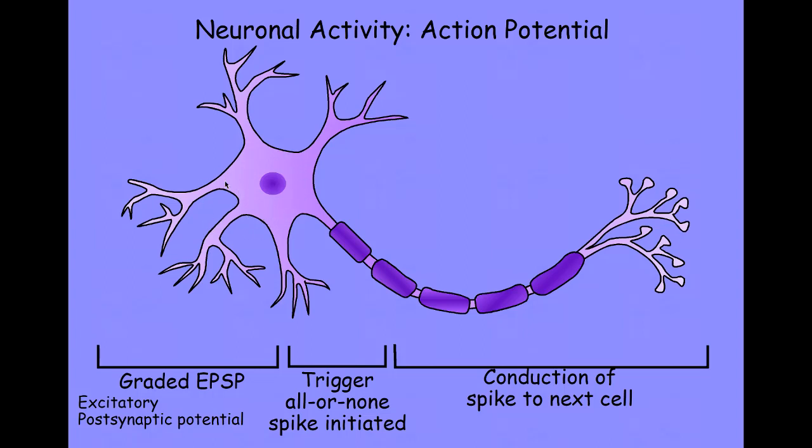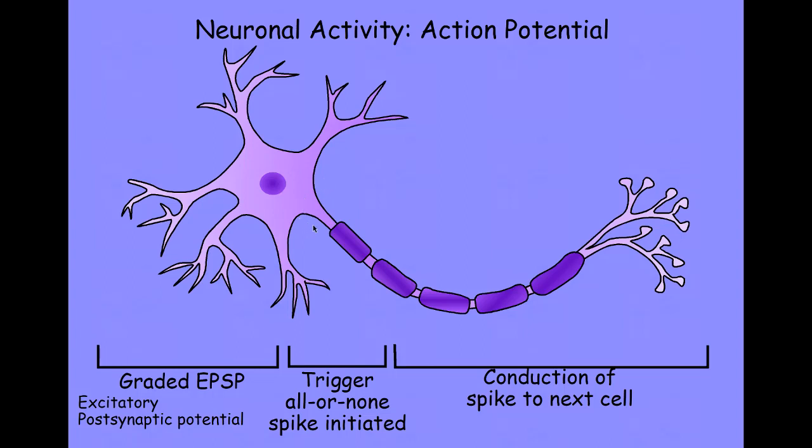The depolarization that triggers an action potential has to be right here at our axon hillock. And so this mechanism, the cell body and the dendritic branches, act to sum all of the inhibitory or excitatory activation that the cell is getting.